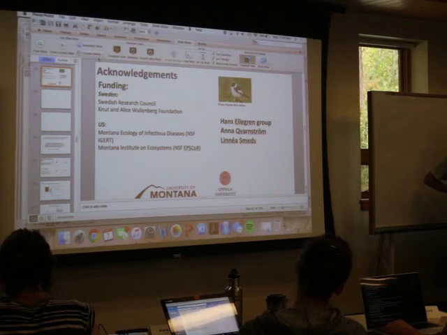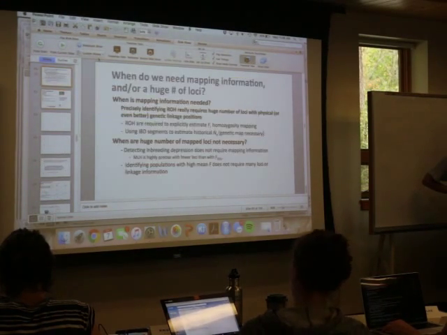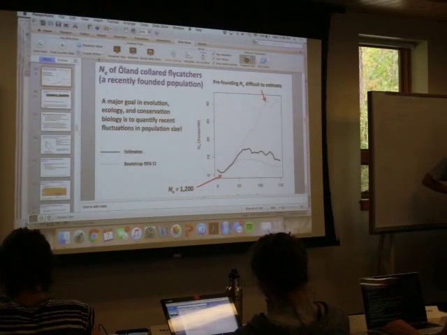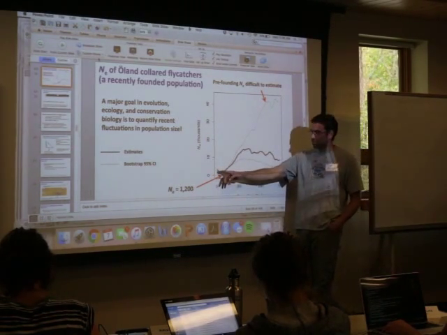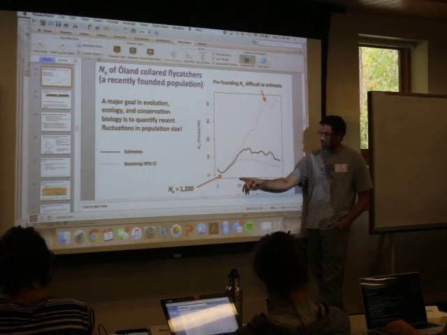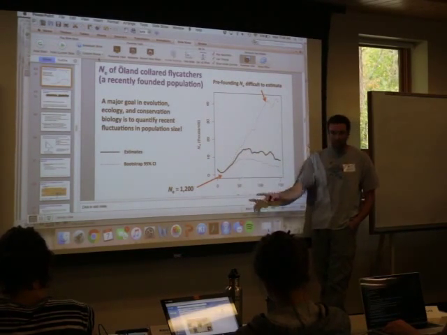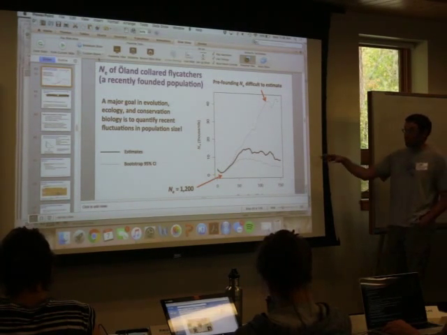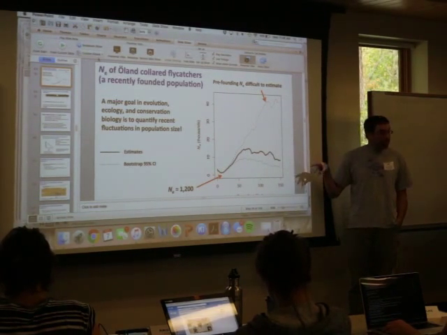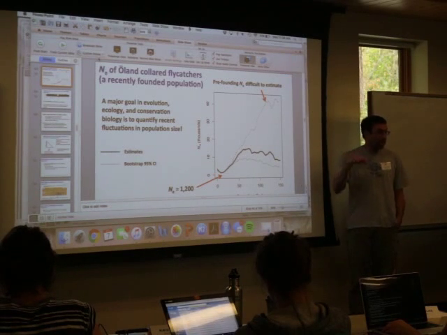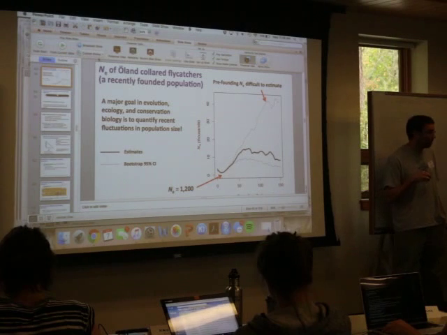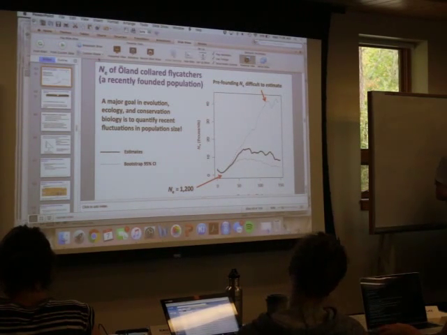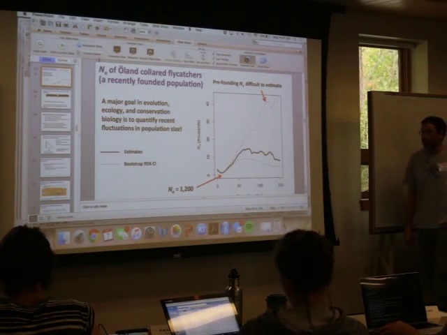You just have a different starting point. If we had samples from here, with the same number of individuals, that would be interesting to do. One thing we're doing is, we think we know what the source population for this population is. It's a different island in the Baltic, called Gotland, and we have both contemporary and historical samples from that population.